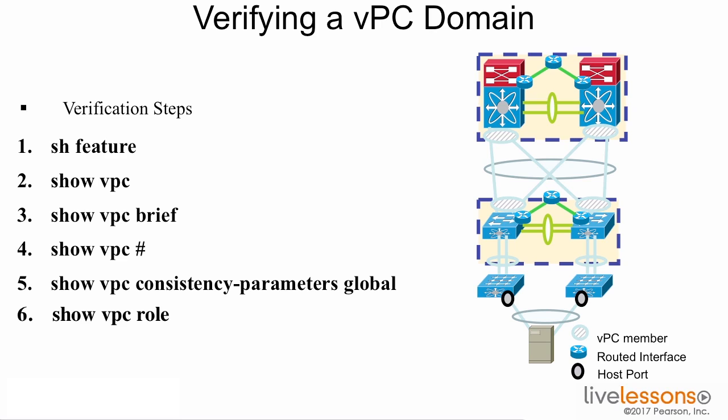Another great command is the show VPC role to see who is the primary and who is the secondary, as well as I may want to see all of my configuration in relation to VPC, and I can do a show running config VPC. So let's go take a look at some of these commands on the actual device.